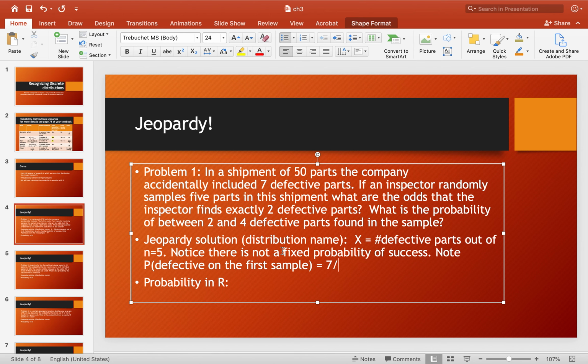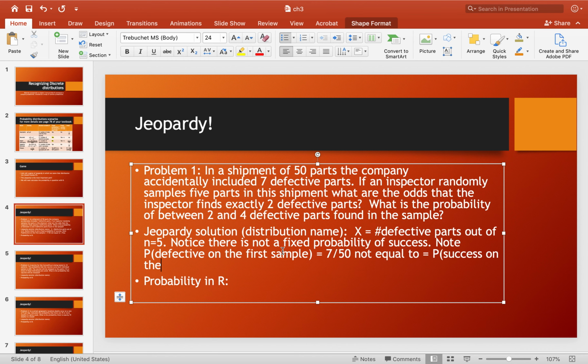And this is not equal to the probability of success on the second trial, given success on the first trial, which would be 6 out of 49.